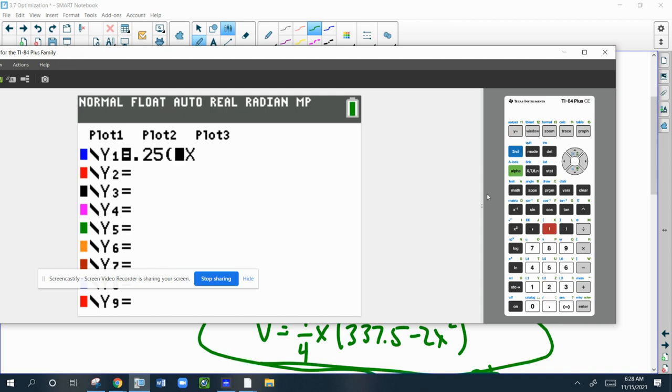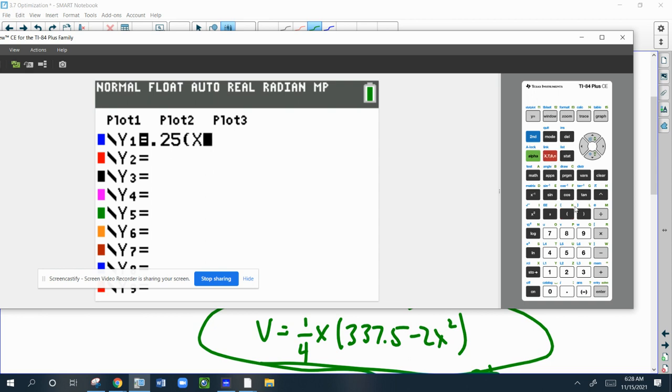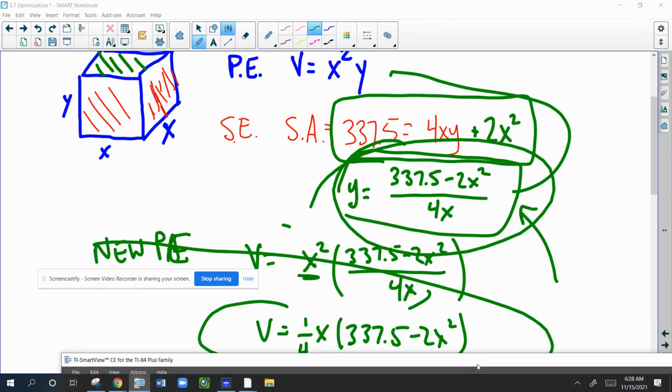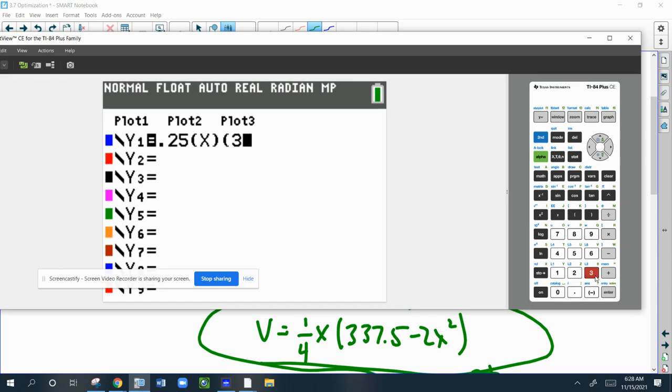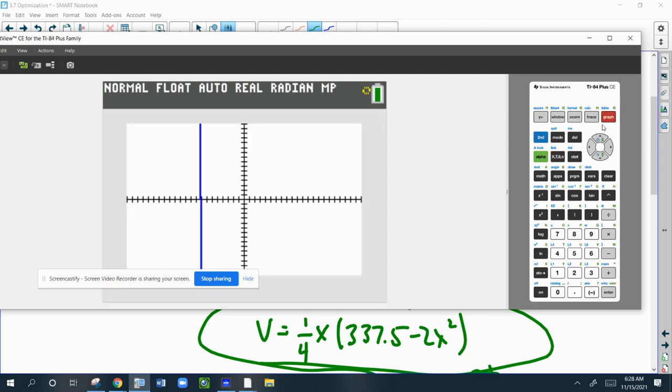0.25x times 337.5 minus 2x squared. Okay, this is the original equation, so the maximum should be right up here somewhere.